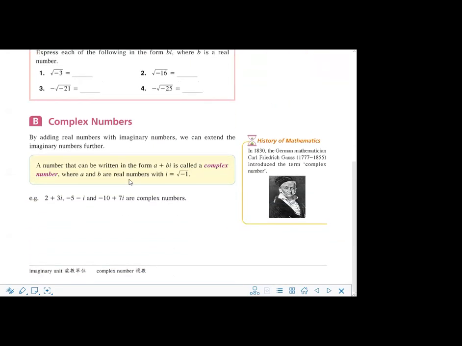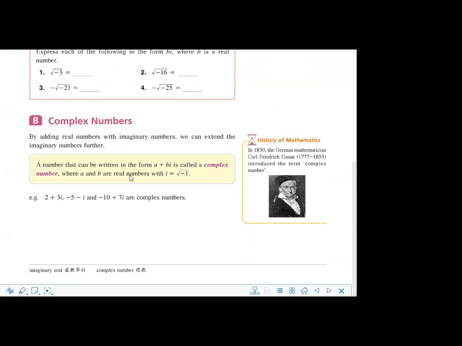But sometimes we need to mix the real number and the imaginary number together, so we have the real part and the imaginary part. Simply put, the part with i is the imaginary part, and the part without i is the real part.